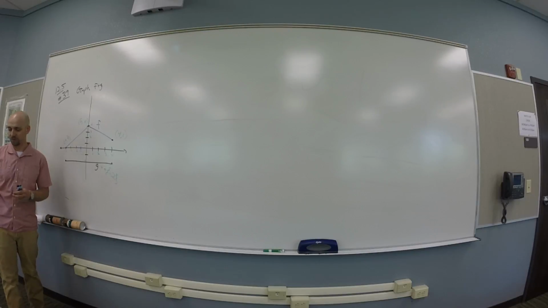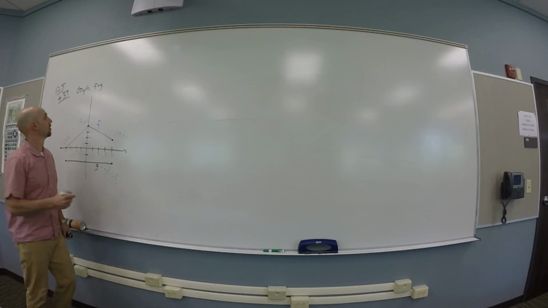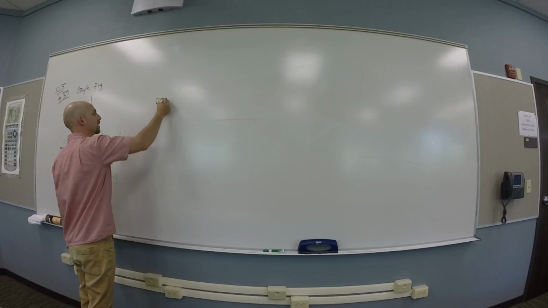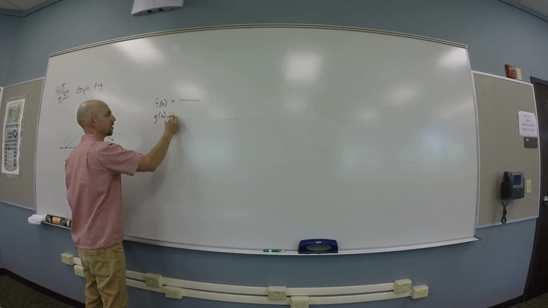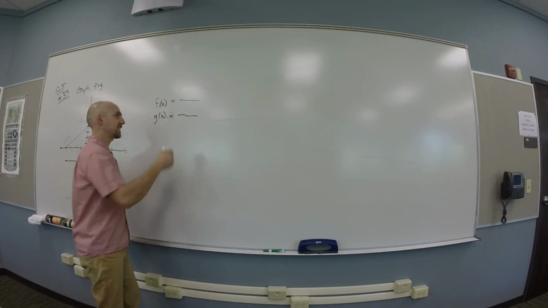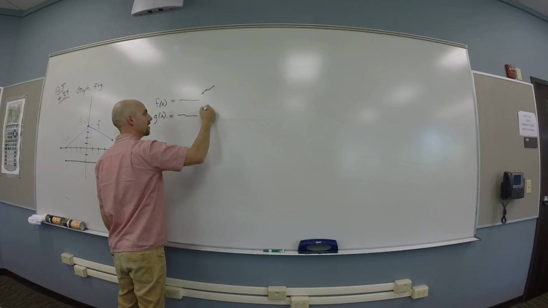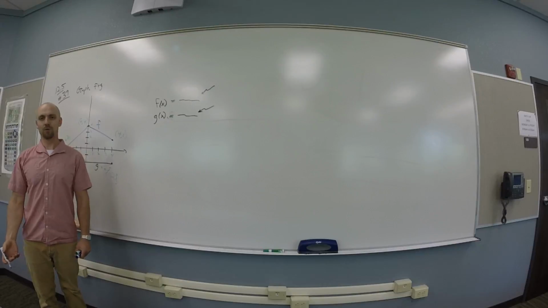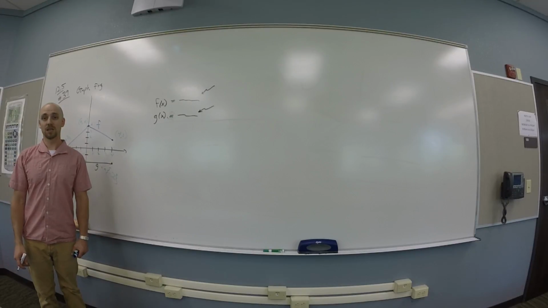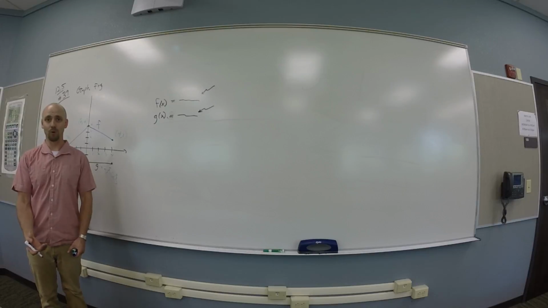If I had rules for these, like if I knew what f of x was and g of x was something else, what's this thing here? If I have that rule, is that an input thing or an output thing? Yeah, that's an output thing. You're going to stick some x's into that rule, and you're going to get the output.